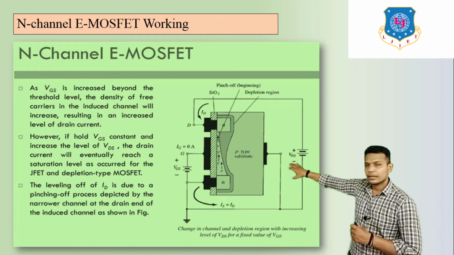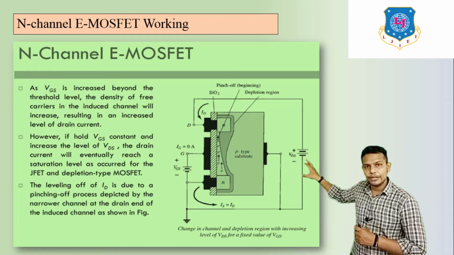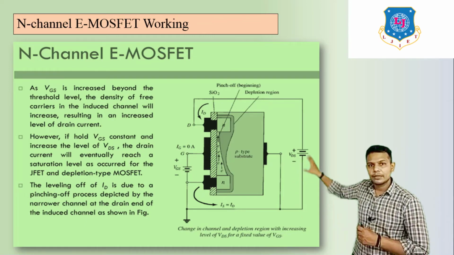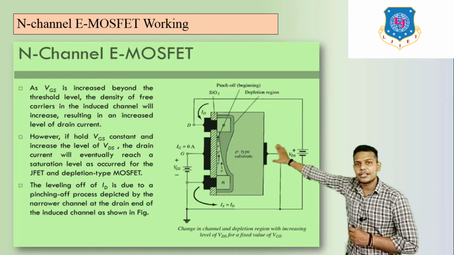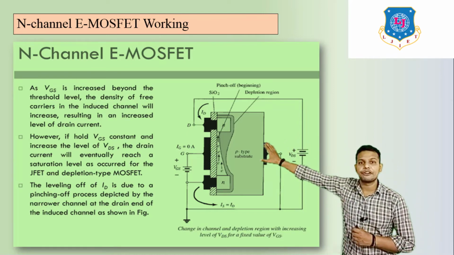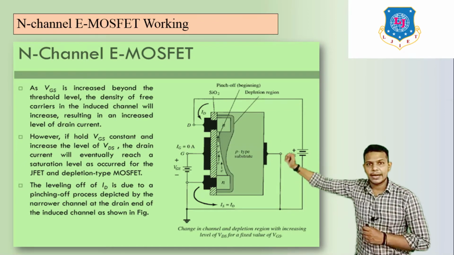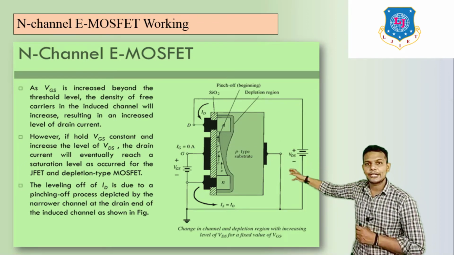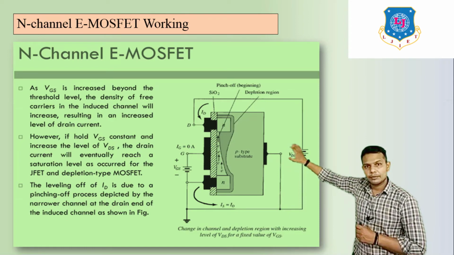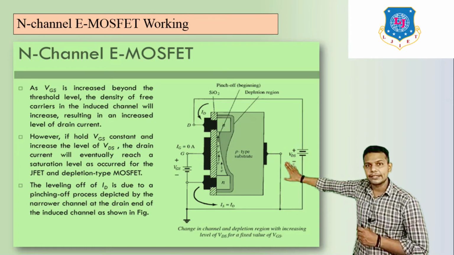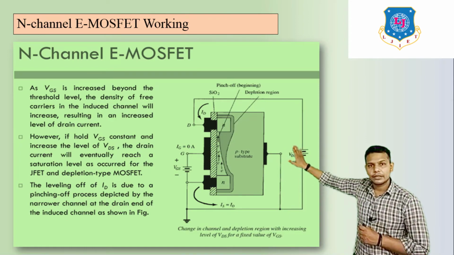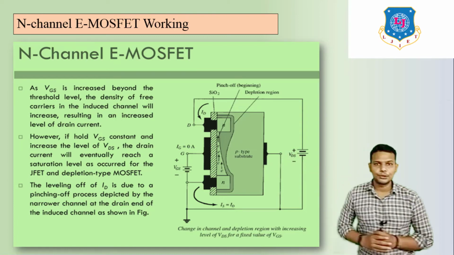As we increase VDS, a depletion region is generated between the N channel and P channel, and the number of electrons begins to decrease. That's why the channel is reduced.